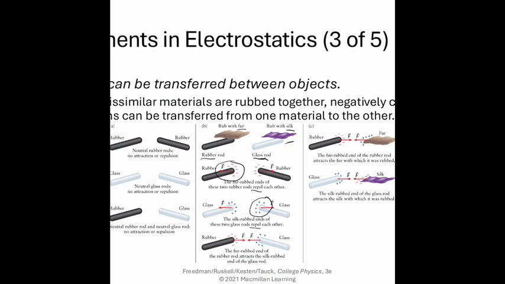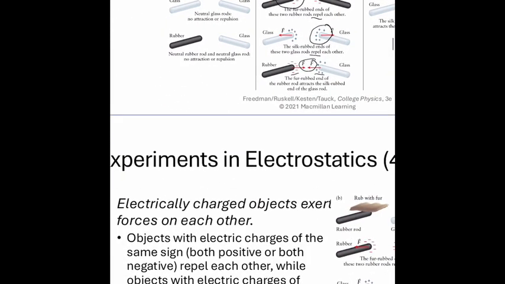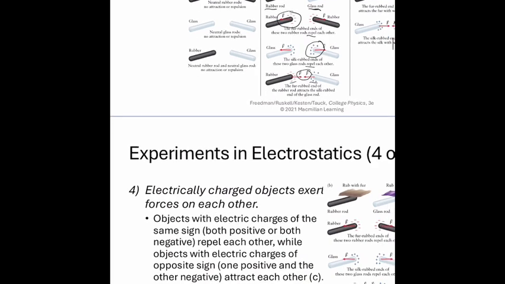Now, when you bring a negatively charged object close to a positively charged object, you get a force of attraction, okay? That is the observation that we're making. Like charges repel, opposites attract, okay? And we've demonstrated that to you by also showing you that charge can be transferred. So it was kind of a 2-for-1 there.